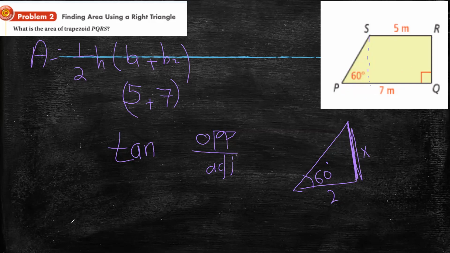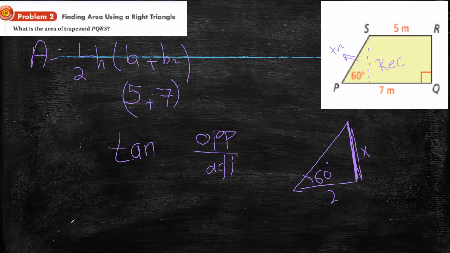This altitude makes this shape into a rectangle and a right triangle. Here we have a rectangle, and here we have a triangle. Now, let's look at the rectangle.